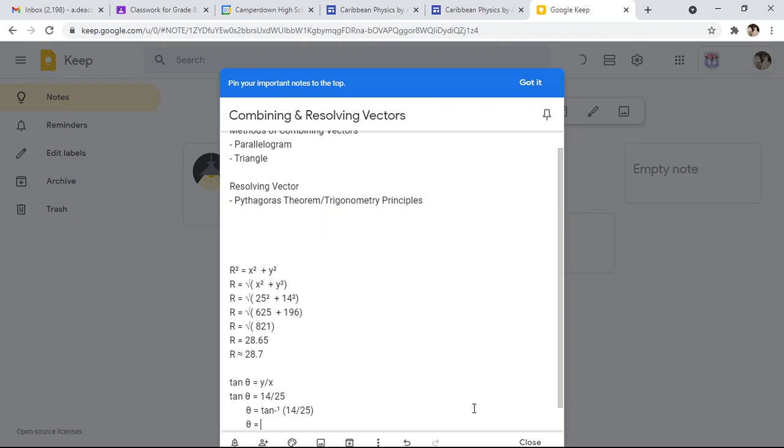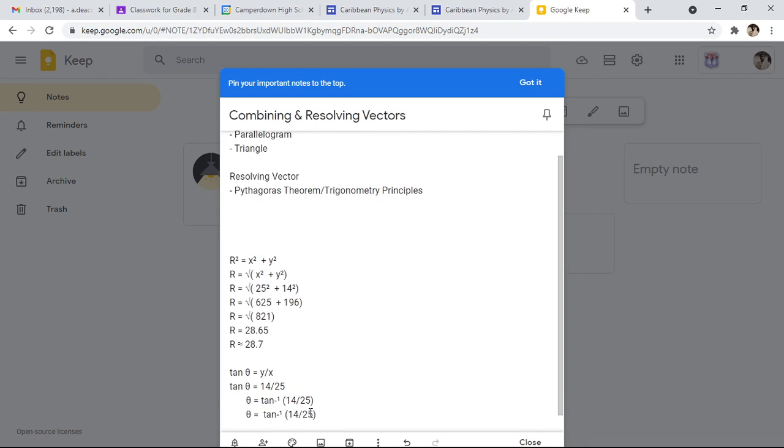So you first say 14 divided by 25. 14 divided by 25 gives us 0.56.